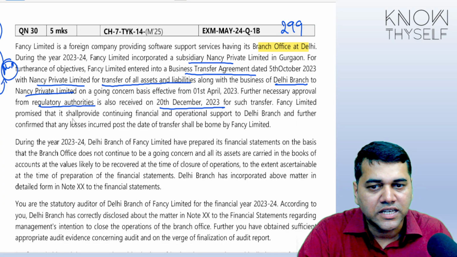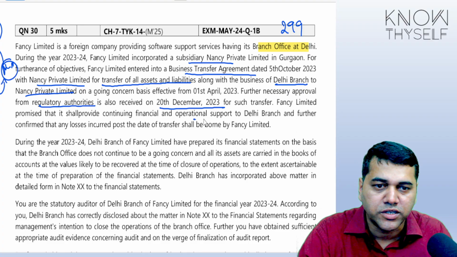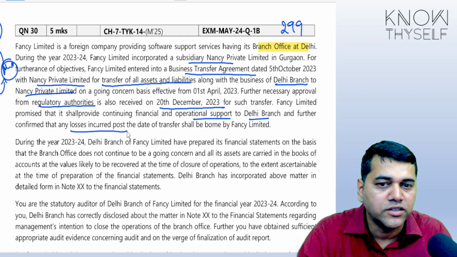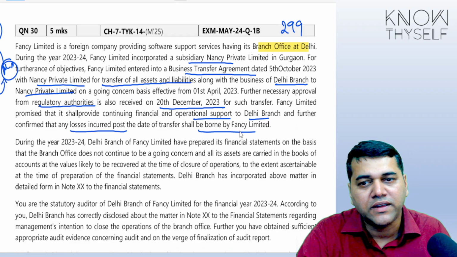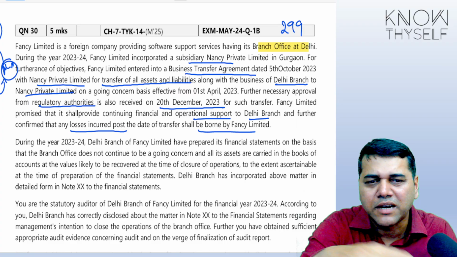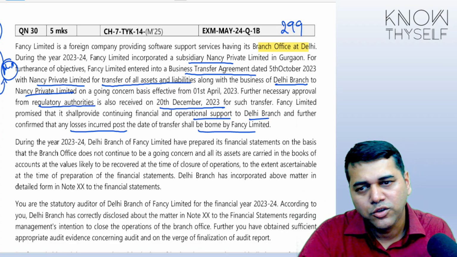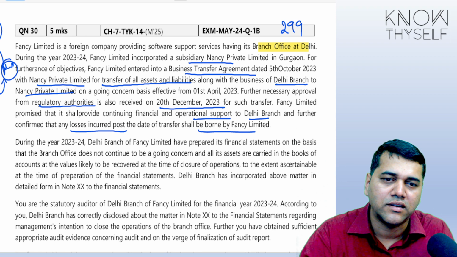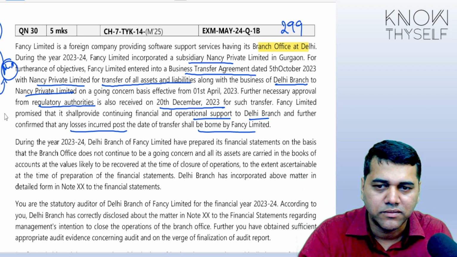Fancy promised that it shall provide continuing financial and operational support to the Delhi branch. Further confirmed that any losses incurred to date will be borne by Fancy Limited. It is anyhow one related party transaction. Like a father handling this branch has given it to the son and the son is handling it. Ultimately, it is within the family only.